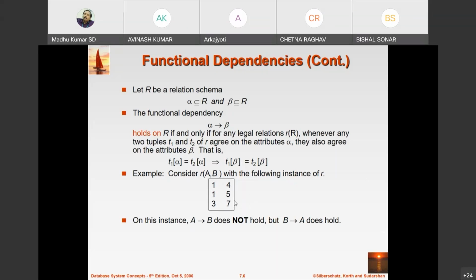So A determines B is not correct here. But B determines A is correct, because for 4 there is only one value, for 5 there is only one value, for 7 there is only one value. So this is an example where A determines B is not correct, but B determines A is found to be correct.